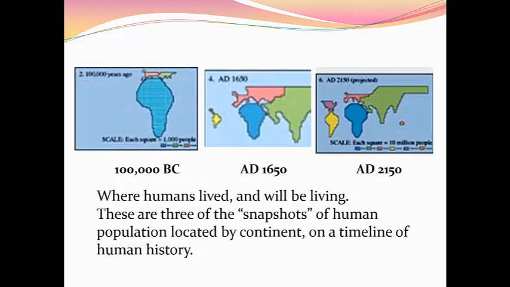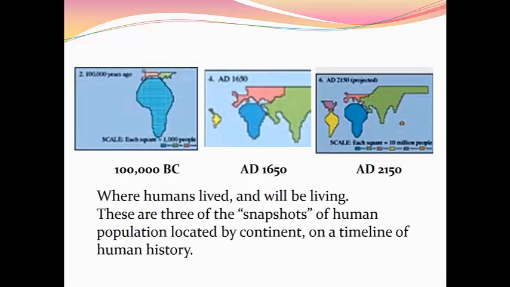So here are 3 of the snapshots of human population located by continent on a timeline of human history, comparing 100,000 BC to AD 1650 to our prediction for AD 2150. Notice which regions are large and which regions are growing, depending on how population is changing in the world.